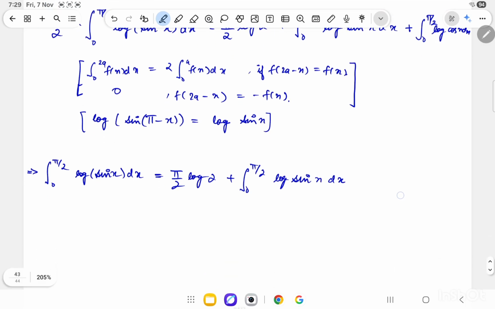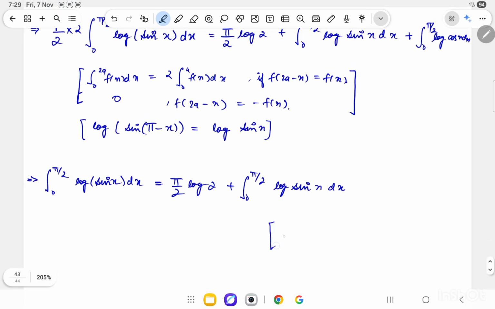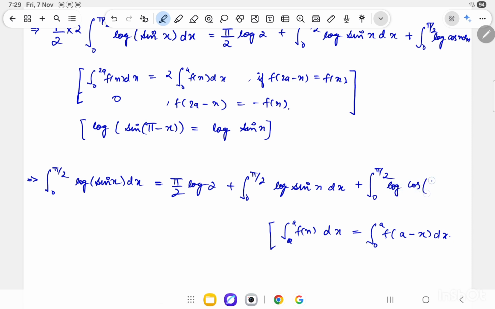Now there is another property of definite integrals that says the integral from 0 to a of f(x) dx is the same as the integral from 0 to a of f(a minus x) dx. If I use this property here, it will be the integral from 0 to pi by 2 of log cos(pi by 2 minus x) dx.